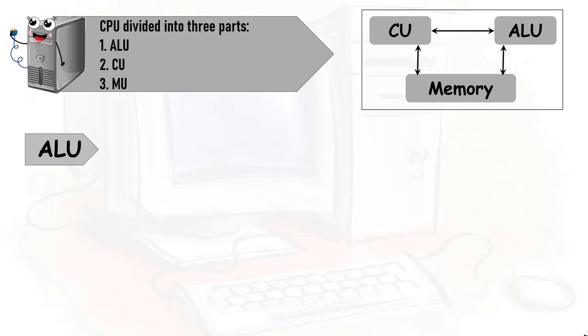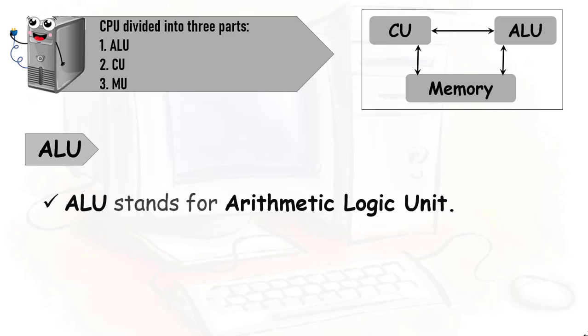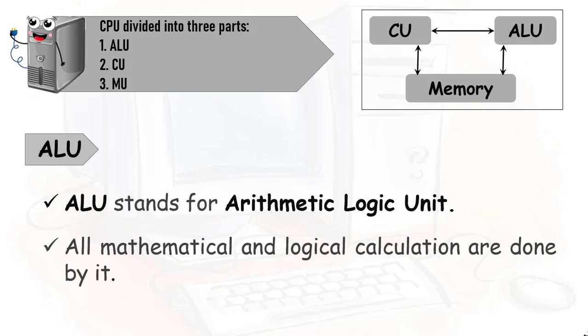First one is the ALU. The full form of ALU is Arithmetic Logic Unit. As its name suggests, this unit of the computer system can perform any logical or mathematical operation. Yes, all mathematical and logical calculations are done by it.